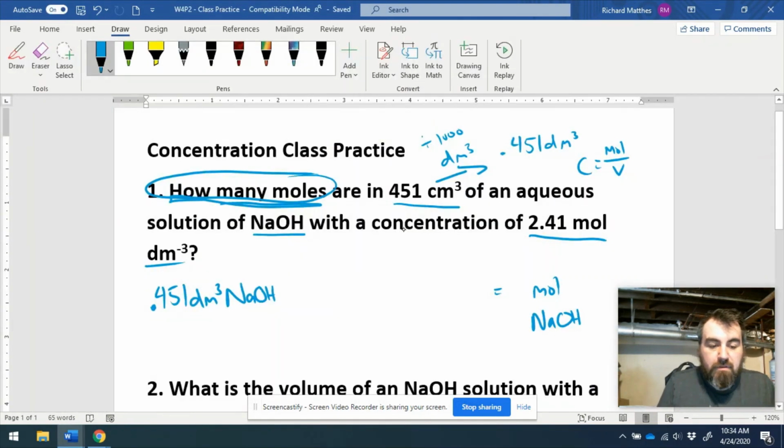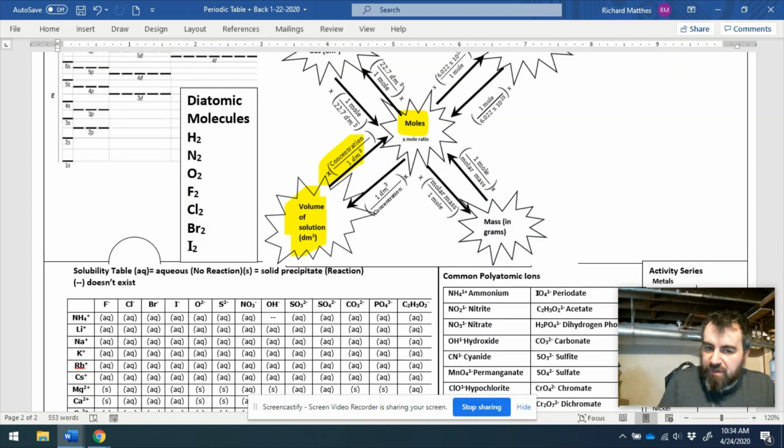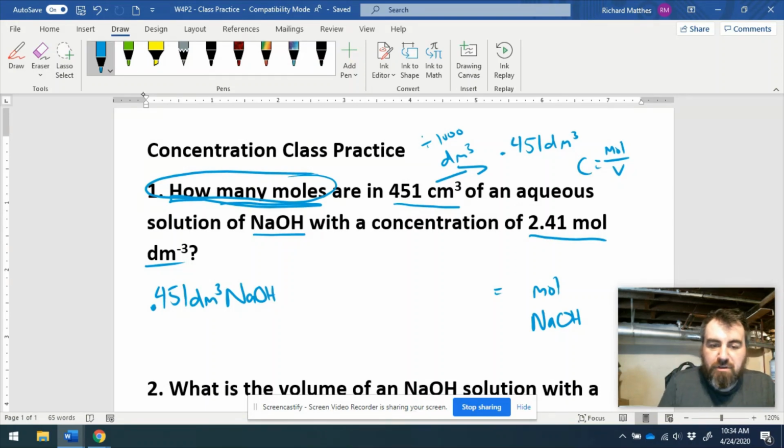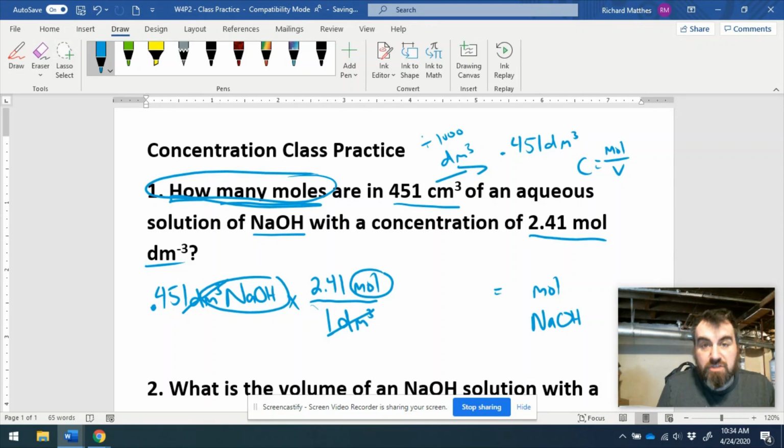So we all clear on that? We're here, we want to go here. This is what we have to do, concentration over 1 decimeter cubed. So what I'm going to do is take the concentration, 2.41 moles over 1 cubic decimeter. Okay, that allows us to cancel out these cubic decimeters, and what we're left with is moles of NaOH, which is what we want.